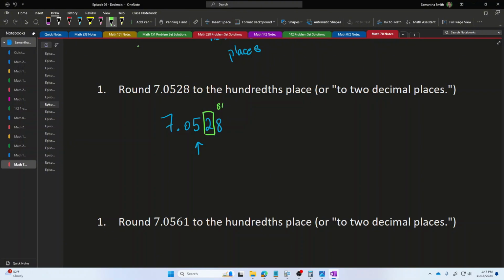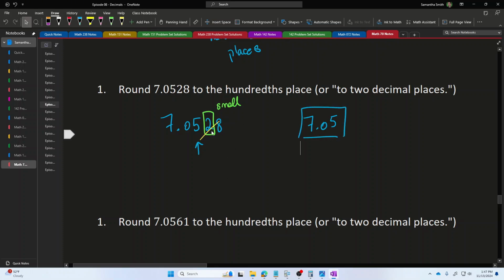That's still a very small number, so I'm just going to X out and get rid of these last two digits here, and I'm going to leave it as 7.05. It doesn't matter that we had a big 8 here in the back. It doesn't matter because that 8 is not directly to the right of the decimal place that we care about. The only number that we have to look at is the one directly to the right of the decimal place that we care about.